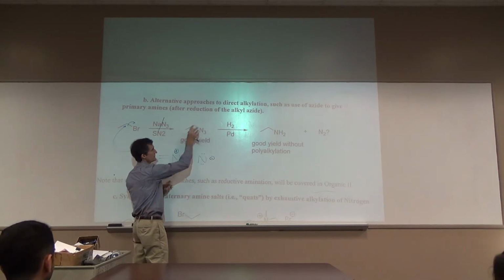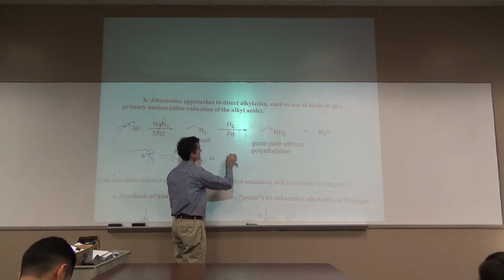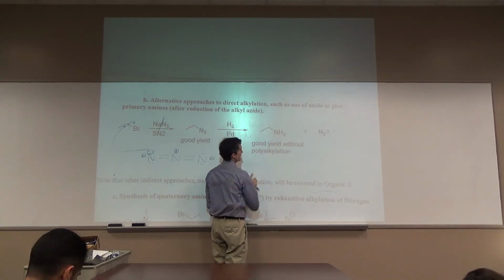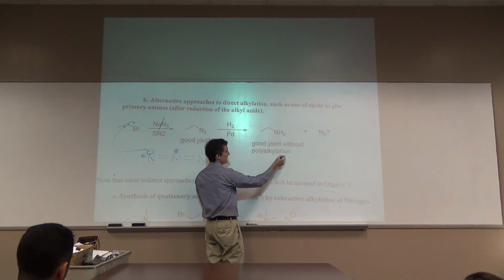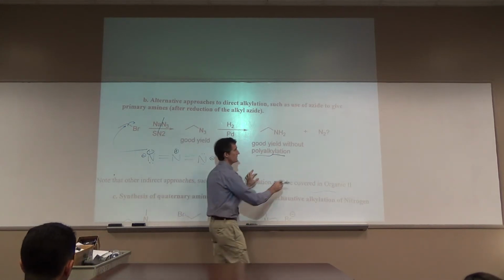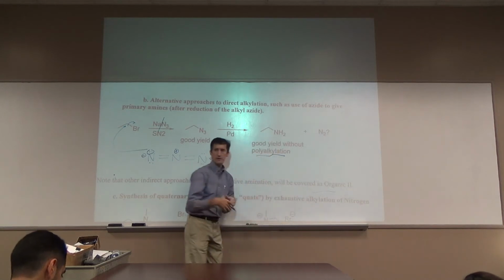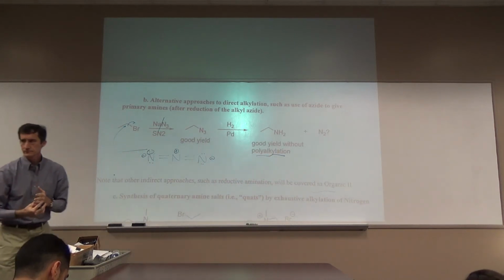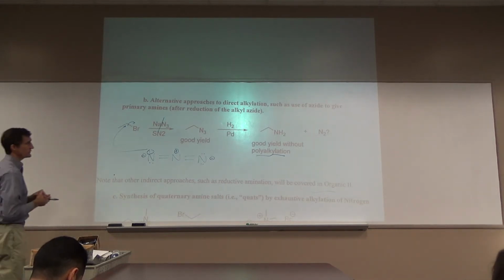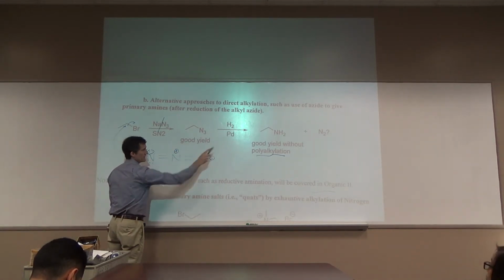This product can then be reduced with hydrogen and palladium or platinum or something, and you can get the primary amine, and you don't have any risk of polyalkylation. The fate of the other two nitrogens, I'm actually not sure. It may form nitrogen gas, or it may be some type of reduced nitrogen. So it's an indirect method to make alkylated amines.